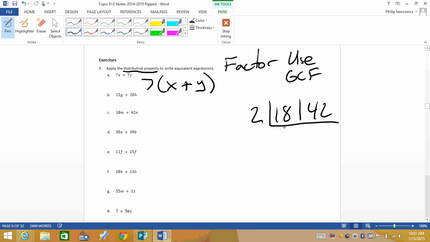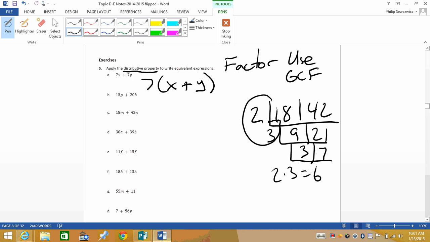Well, 2 does. 2 fits into 18 9 times. 2 fits into 42, well, 21 times. What fits into 9 and 21? 3 does. 3 fits into 9 3 times. 3 fits into 21 7 times. What fits into 3 and 7? Well, no one does. So this is where we would multiply our outside numbers. 2 times 3 gives you 6.